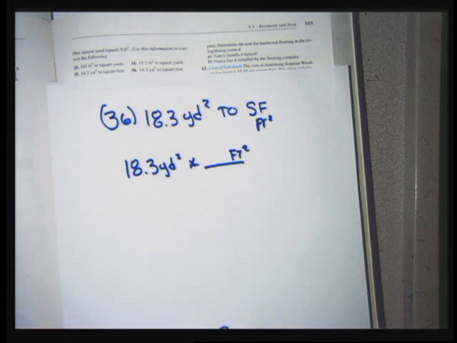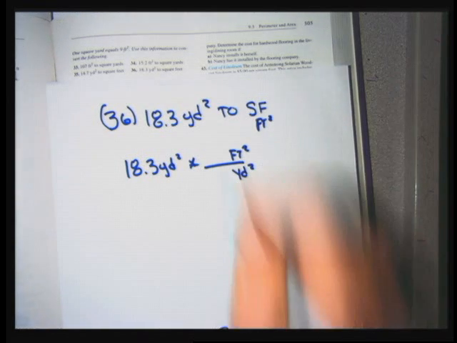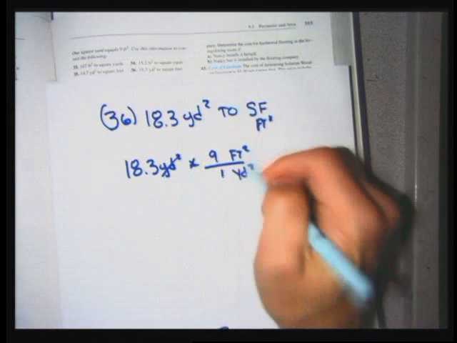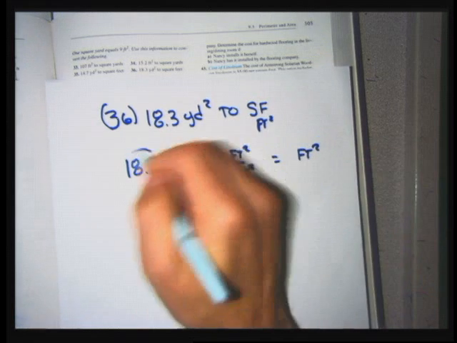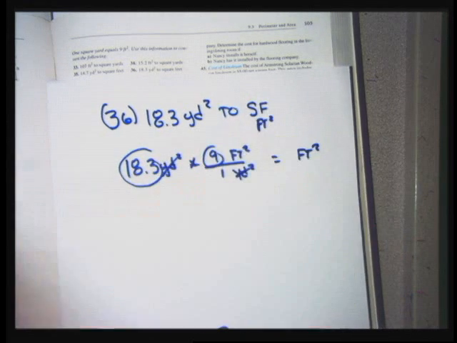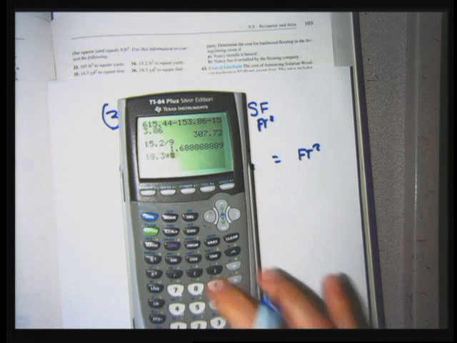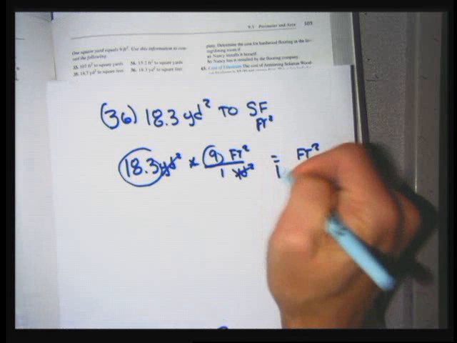In the denominator, I'm going to put the unit that I'm getting rid of, which is yards squared. And then the author tells me that 9 feet squared is equal to 1 yard squared. I can cancel my yards squared. My units are going to be square feet. And the 18.3 gets multiplied by the 9 because the 9's not in the denominator. So the number I'm going to get, 18.3 times 9, is 164.7, and the units are square feet.